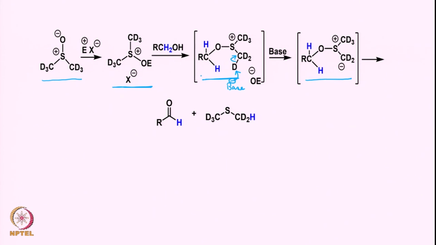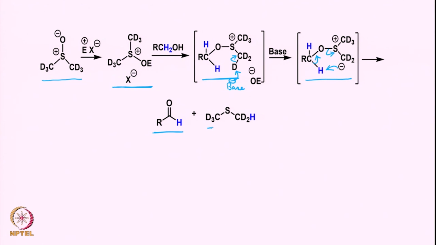Had it been direct, you would get back the dimethyl sulfide as it was. But if the proton abstraction is taking place in an intramolecular fashion, then one can generate an intermediate of this kind, which then loses a proton from here in an intramolecular fashion and leads to the formation of the aldehyde as normally expected.